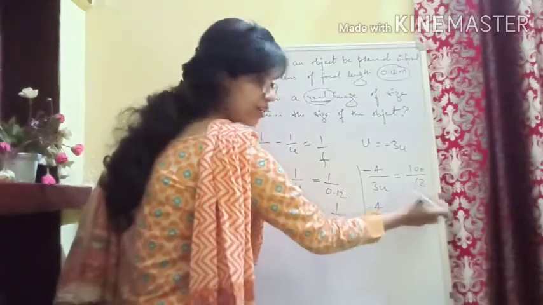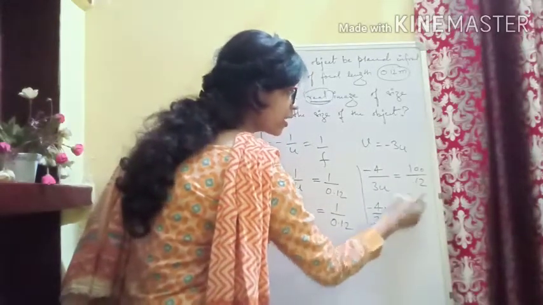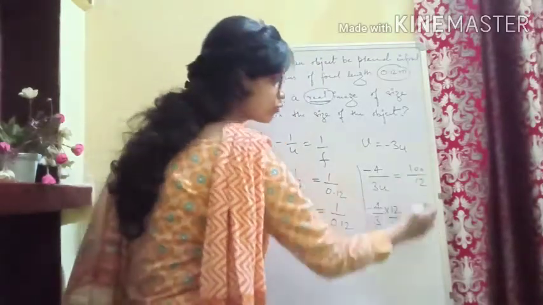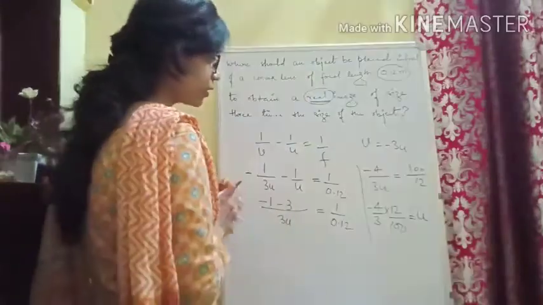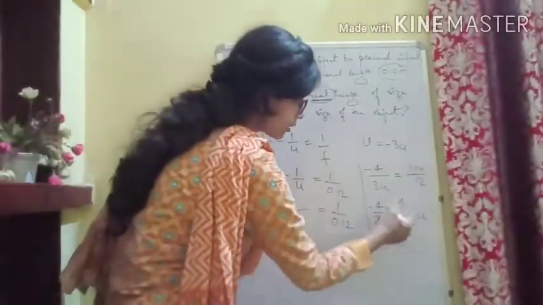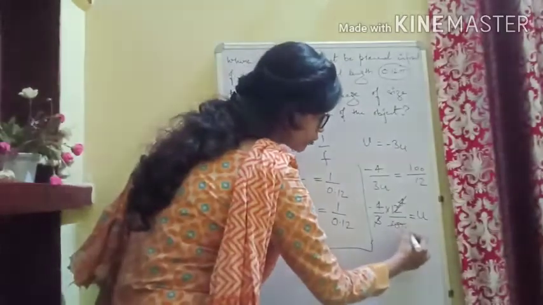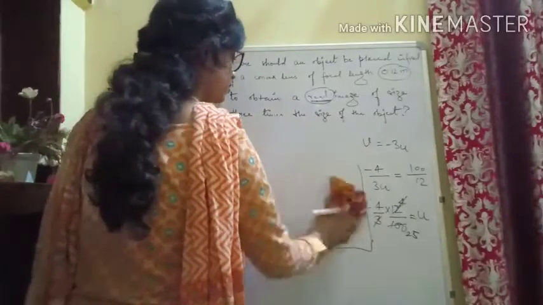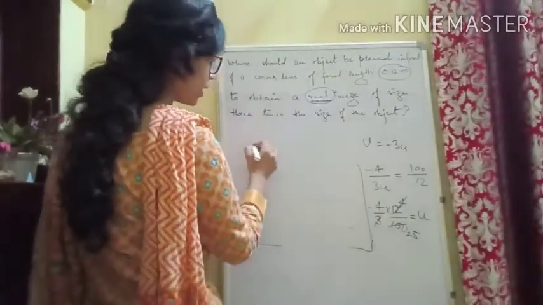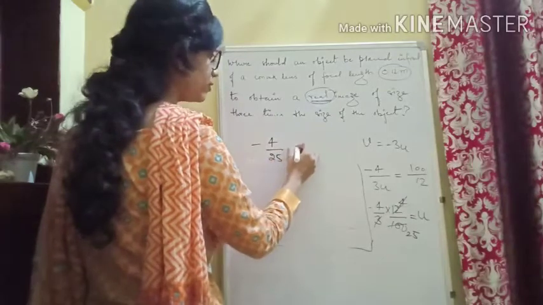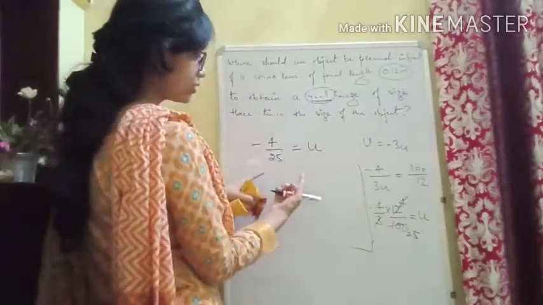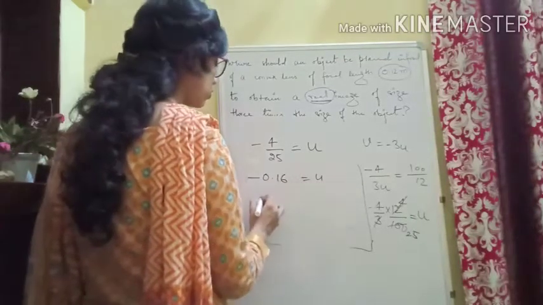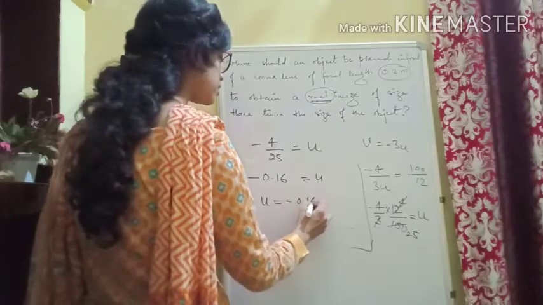This 12 is in divide, it will come here in multiplication, and this 100 will come here in divide, whereas this U is in divide, it will go to that side and it will be U. Now you can cancel it further, and eventually you will get minus 4/25 equals U. When you simplify, it will give you minus 0.16 equals U, or simply U is minus 0.16 centimeter.